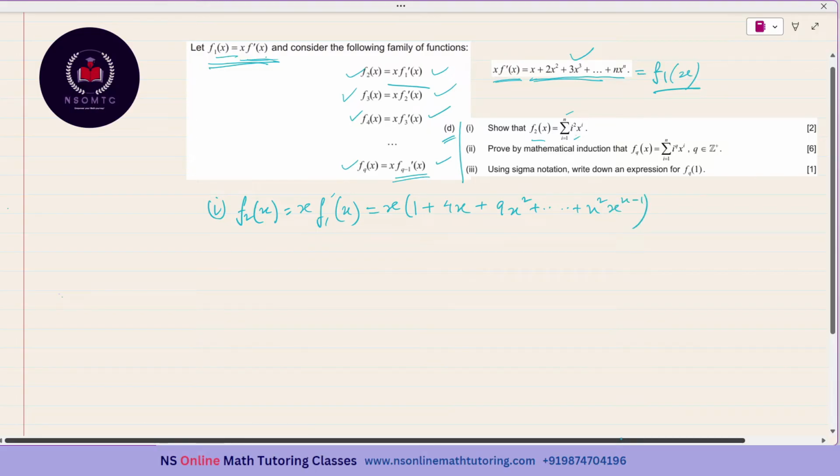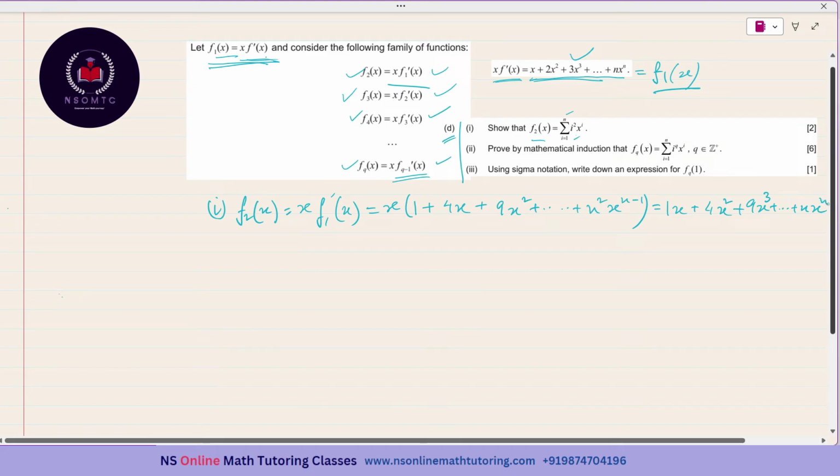These terms, when multiplied with x, will be giving us 1 times x plus 4 times x squared plus 9 times x cubed plus ... plus n squared times x to the power of n minus 1 times x is x to the power of n. Okay.